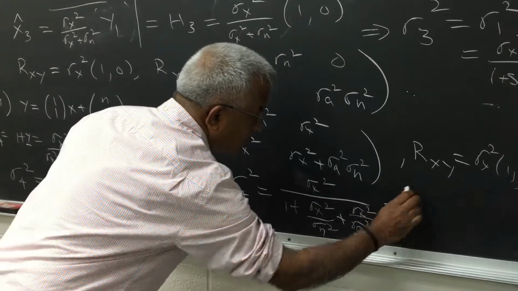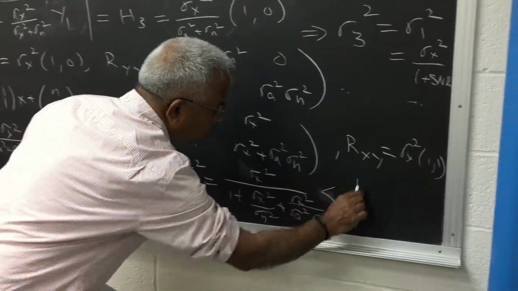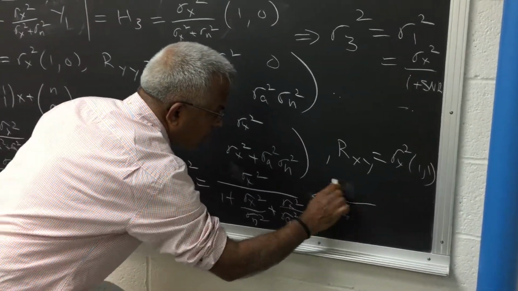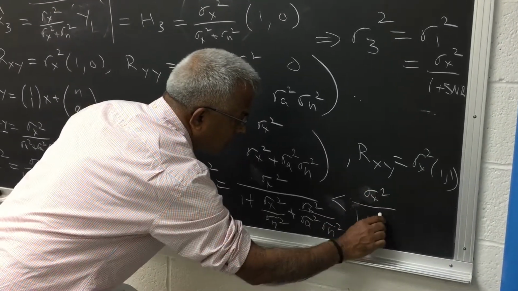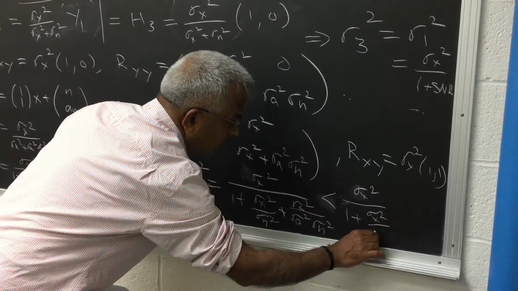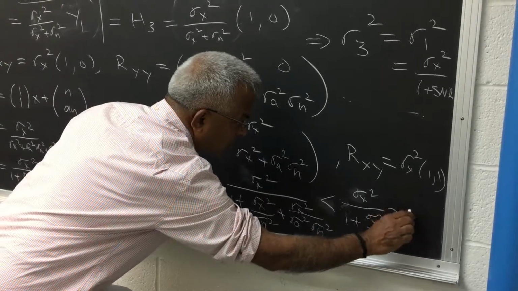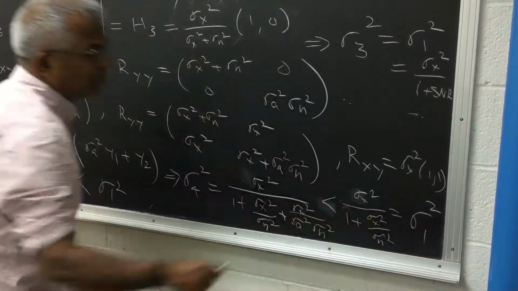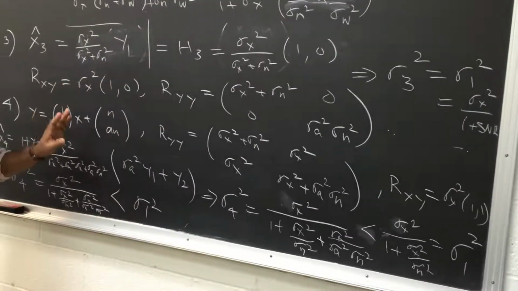And you can clearly see this is smaller than sigma x squared over 1 plus sigma x squared over sigma n squared, which was the mean squared error corresponding to the first case.